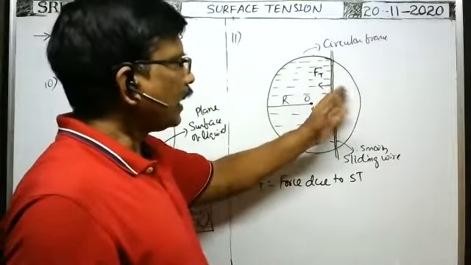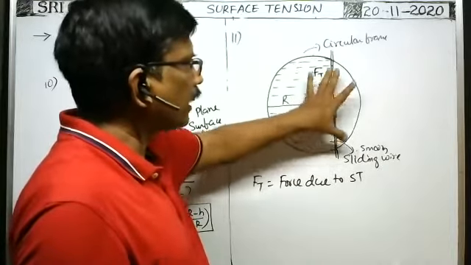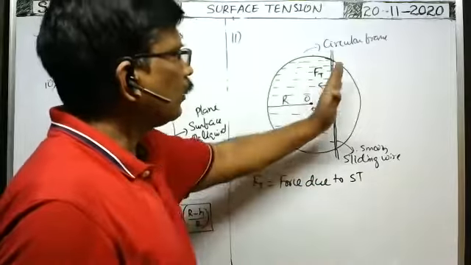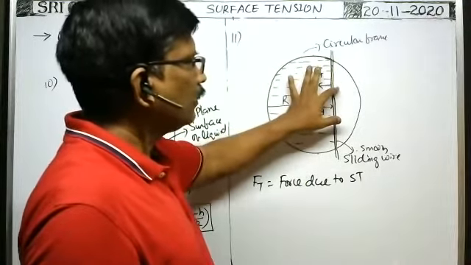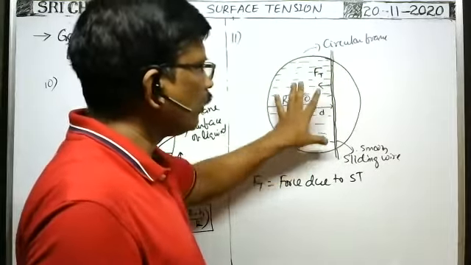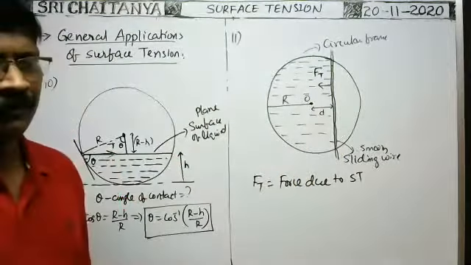Suppose when you release the sliding wire without applying any force, the sliding wire can slide over the frame freely because it is smooth. So because of the force due to surface tension, the sliding wire comes towards the film so that the surface area of the soap film becomes as minimum as possible because of the surface tension property.